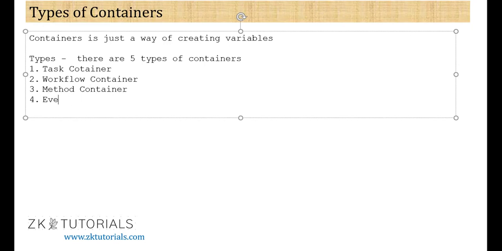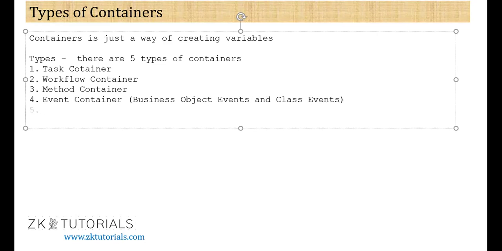Then the event container, where we will see BO events, business object events, object events and class events. Then the fifth and last type is the rule container. So let's discuss these one by one.